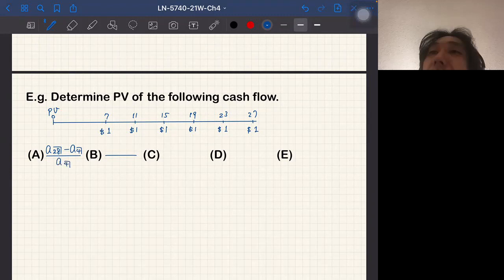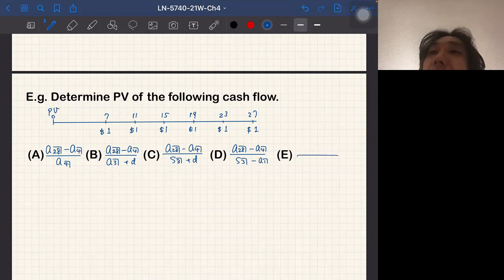B: a angle 28 minus a angle 4, over a angle 3 plus b. C: a angle 28 minus a angle 4, and s angle 3 plus d in the denominator. D: a angle 28 minus a angle 4 over s angle 3 minus s a angle 1.